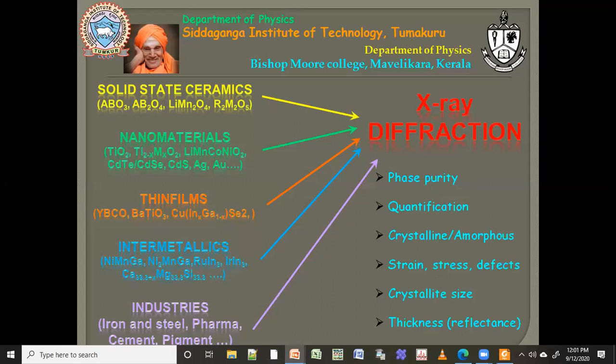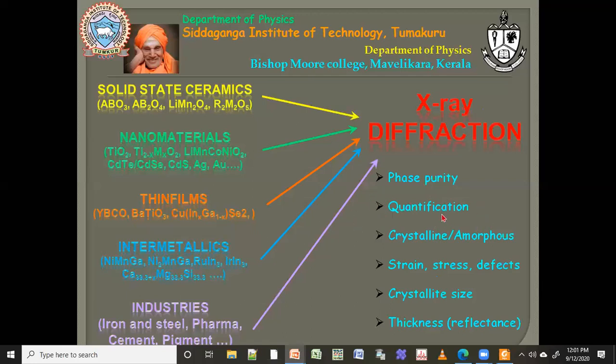So in our workshop, we are going to cover all these things except maybe thickness. We will study how to check the phase purity. If it is some composites, maybe like KO2 with CuO, or titanium oxide with zinc oxide mixing, then how to quantify these phases?